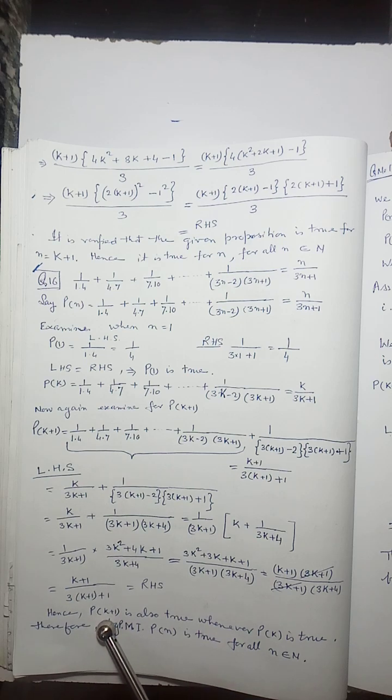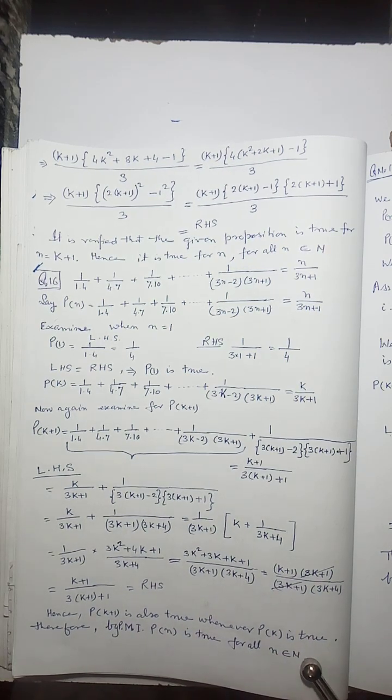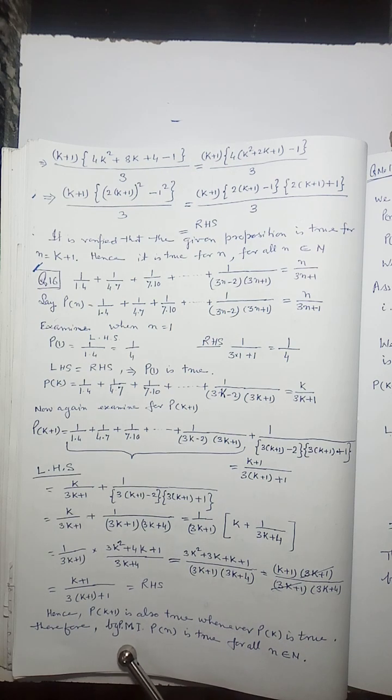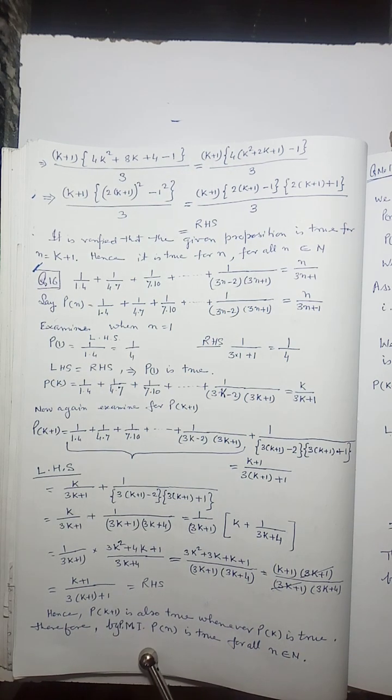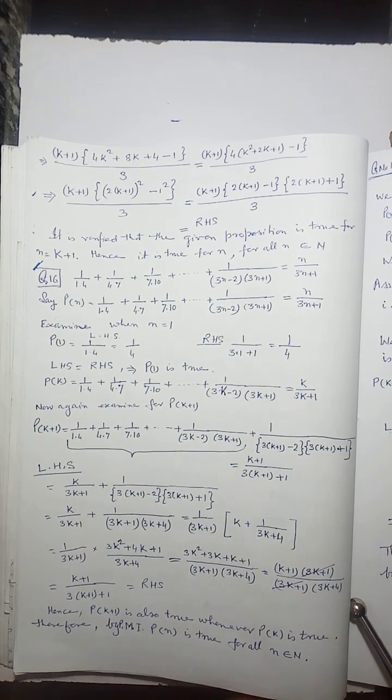Hence proposition Pk plus 1 is also true whenever Pk is true. Therefore, by the principle of mathematical induction, Pn is true for all n belonging to natural numbers.